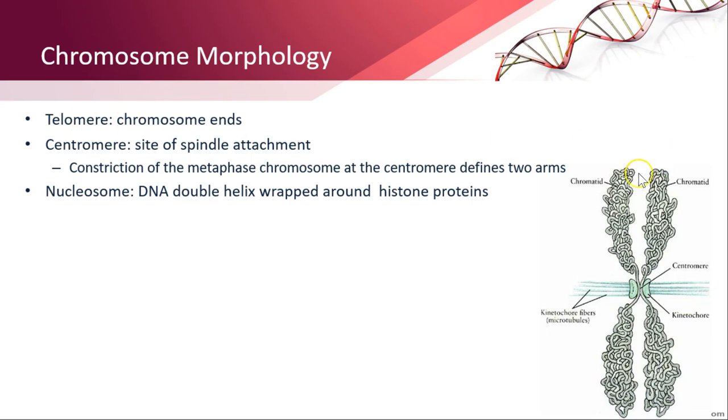There's the telomere, which are the ends, and these ends are actually really important because as DNA replicates, because of the way it replicates, there's always that RNA primer that's there. We don't really talk about the RNA primer, but in order for the DNA polymerase to know where to start, a little RNA tag is put onto the DNA.